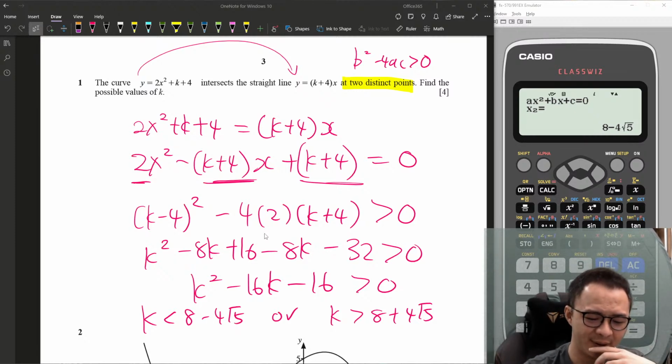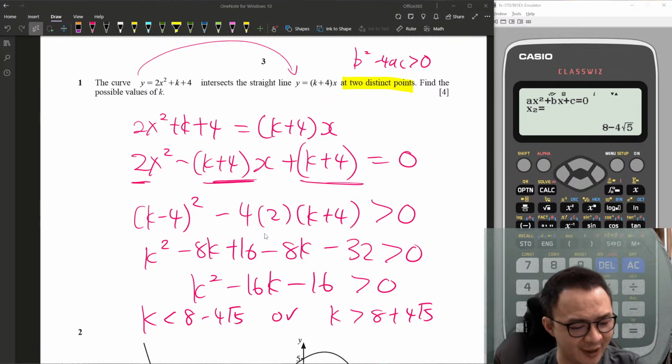Minus 32. b squared minus 4ac, plus 16, minus 8k, minus 32. I cannot find my careless mistake.